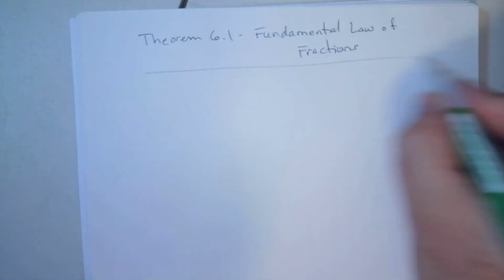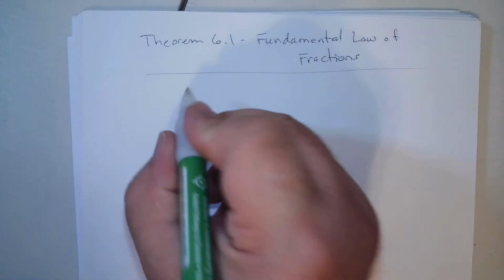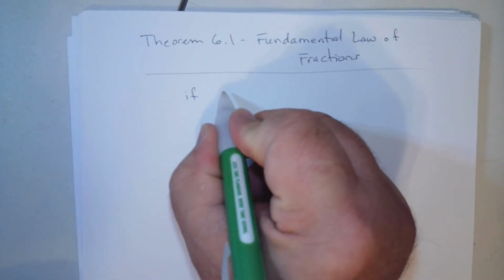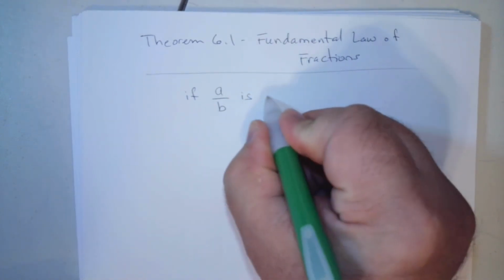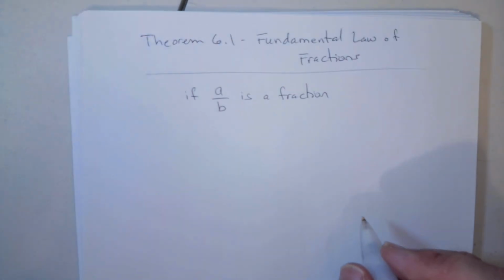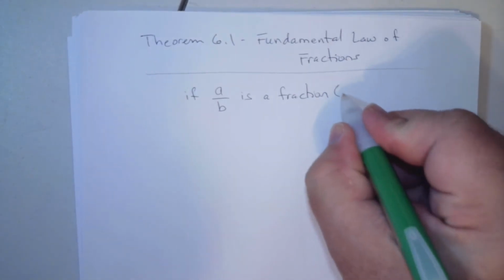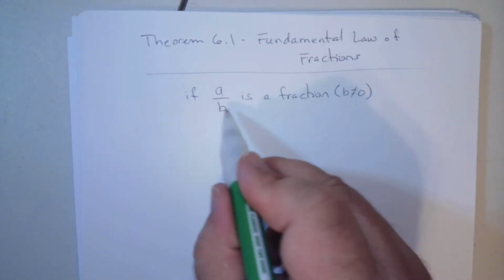So this is our beginning rule that makes us all follow fractions. If some number a over b is a fraction, and of course b is not equal to 0, that's what it means by b is a fraction.